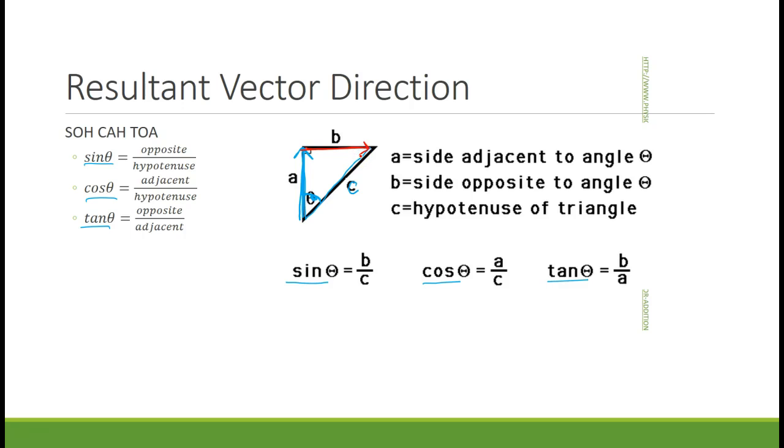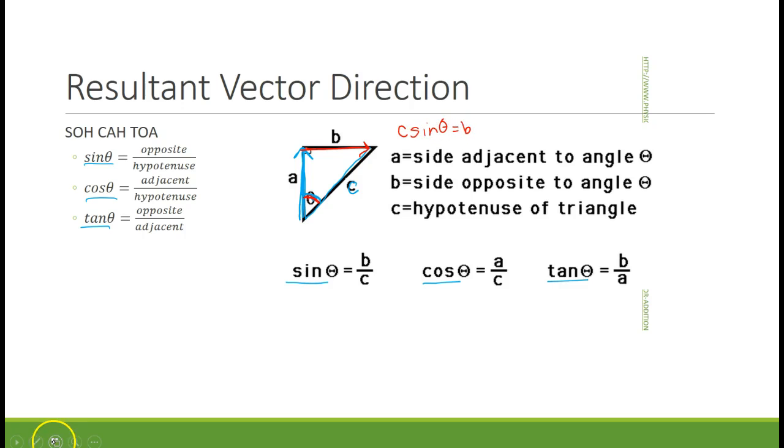Okay? Now, people will always ask me, oh, isn't x always cosine? Isn't y always sine? You really need to look at where the angle is defined and use that to find it. So it's a safer thing to do to look at your angle and then use that to find the piece you're looking for. So basically for this b right here, this would be c, so it's opposite, so that's c sine theta equals b.